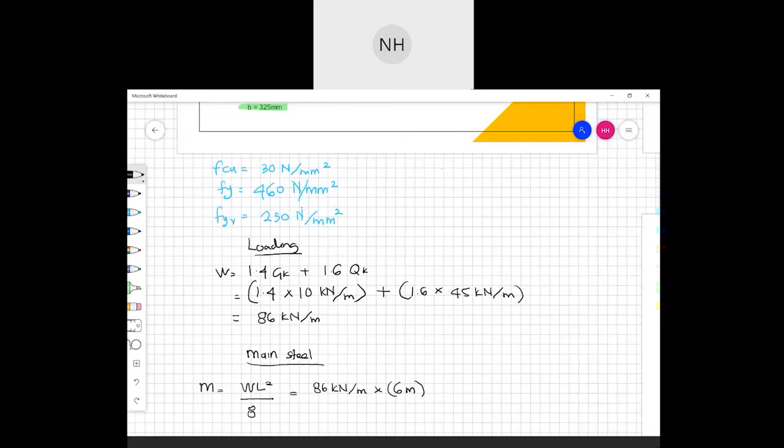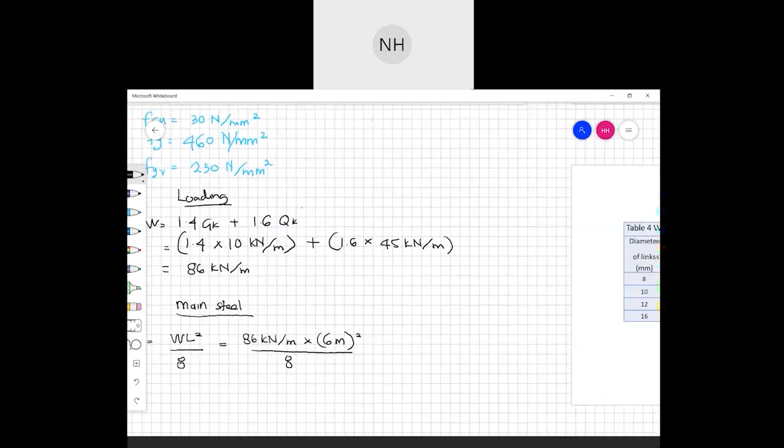Don't forget power of 2 and divide by 8. Loading ke atas ni sebenarnya adalah 86 kilonewton per meter. And then you kira dia punya SFD and BMD.